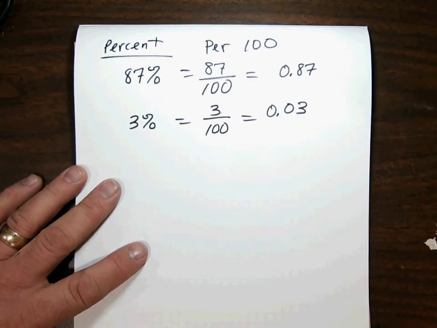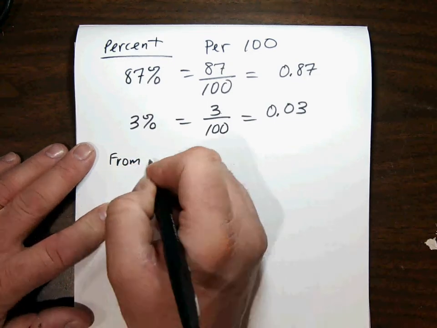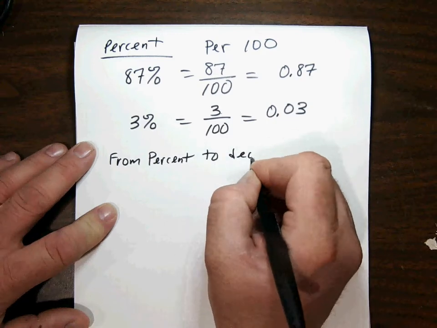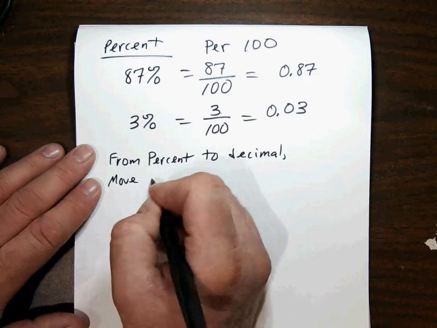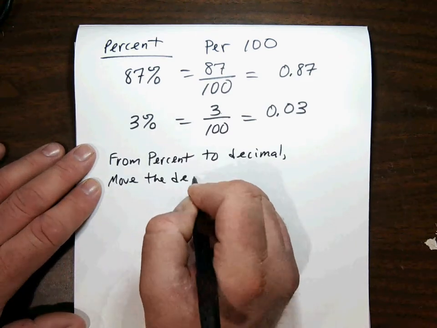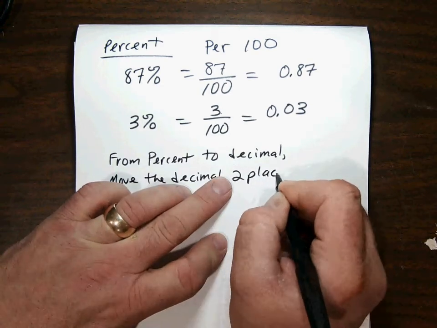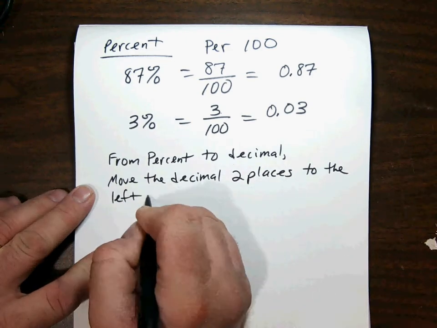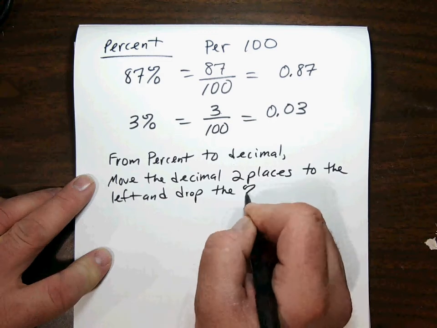So in order to go from a percent to a decimal, move the decimal 2 places to the left, and drop the percent sign.